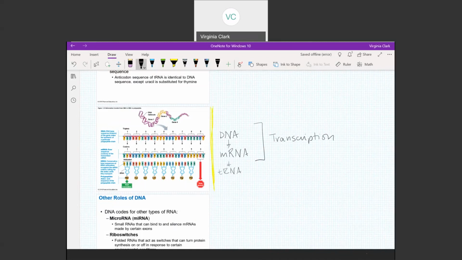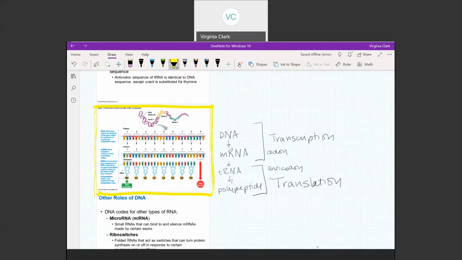This is your codon. It's going to connect to an anticodon. That tRNA is going to connect to a polypeptide. This process is translation. So if you want to see how the whole thing works from a DNA sequence, this is something that you need to review, figure 3.34, I think.